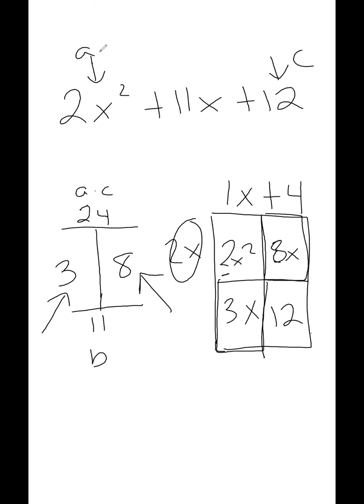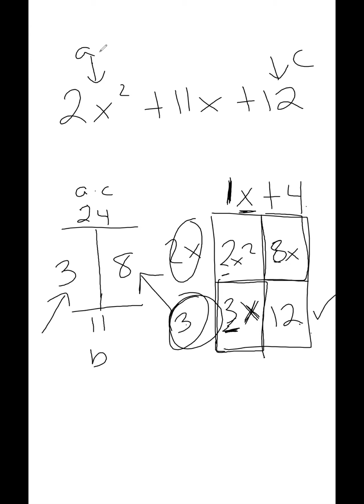Down here, and again, what times what gives you 3? Well, we have the 1 up here, so we have to say 1 times what gives you 3? Well, 3. This already has that x, so all I need is this 3 right here, because the x is already up here. 3 times 4 is 12, so we know that works.